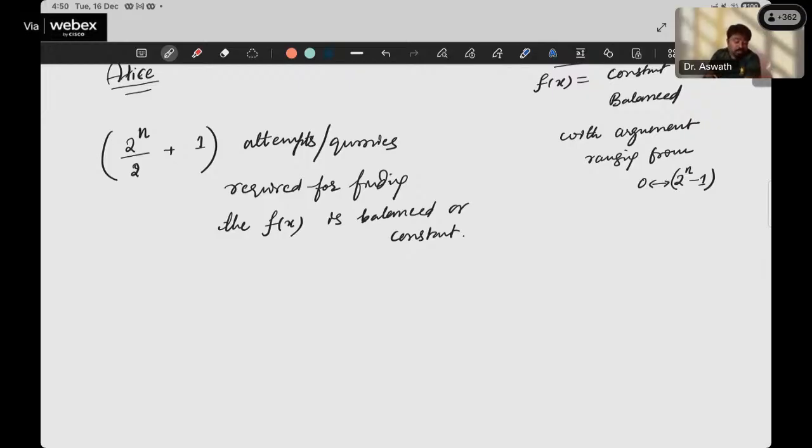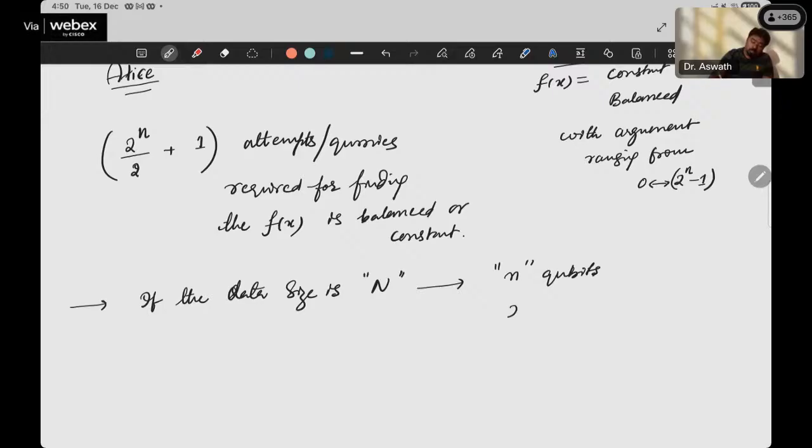Now, why did I represent the total number by 2 to the power of n? If I have data whose size is capital N, say capital N number of data points, and you want to feed those data points onto a quantum computer, you will take small n number of qubits so that 2 to the power of n is equal to capital N. Then only can you feed all the data points into the qubits.